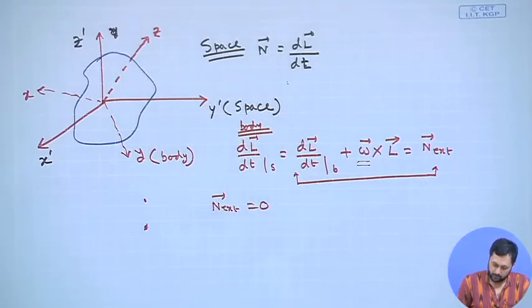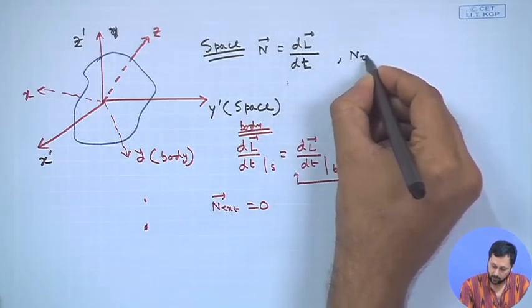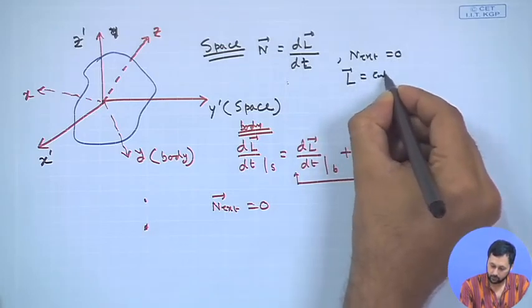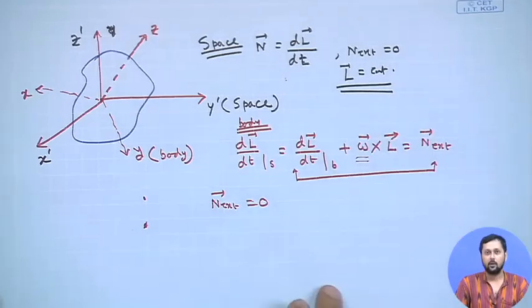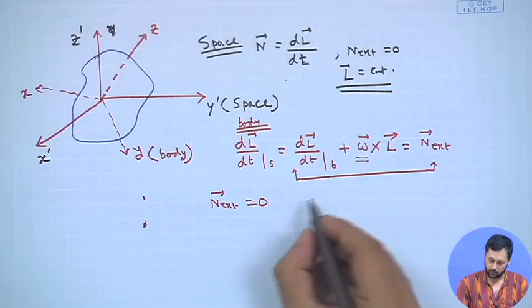If we set N external equal to 0, the first equation tells you that L is equal to constant. But for the second set of equations, if I set N external equal to 0, what do we get?